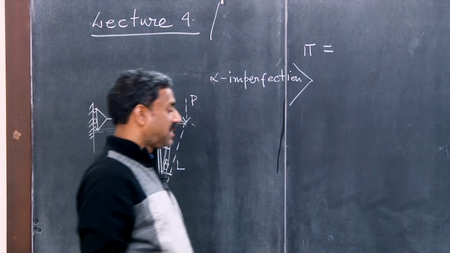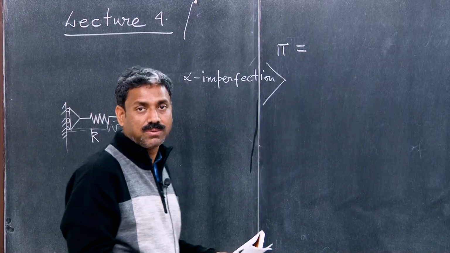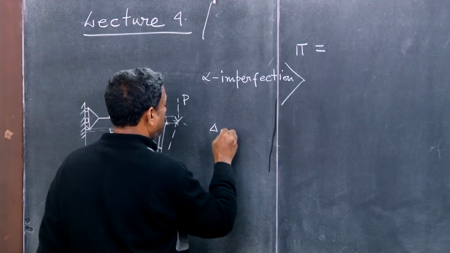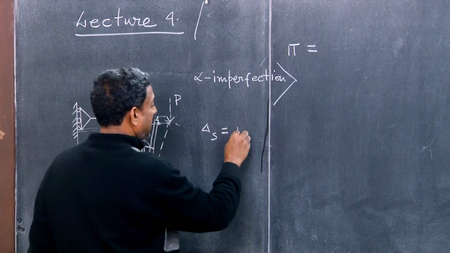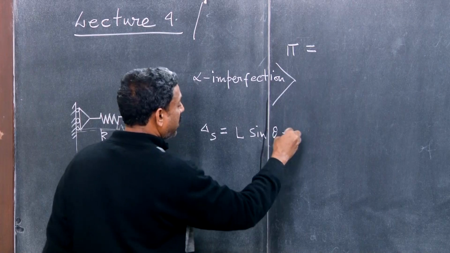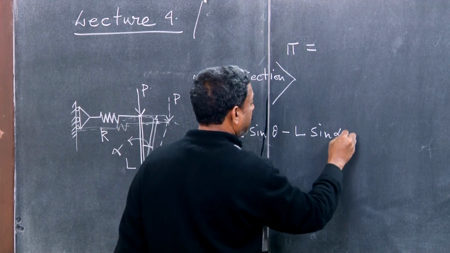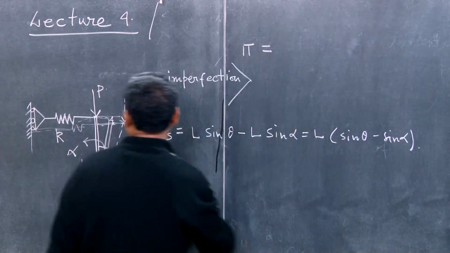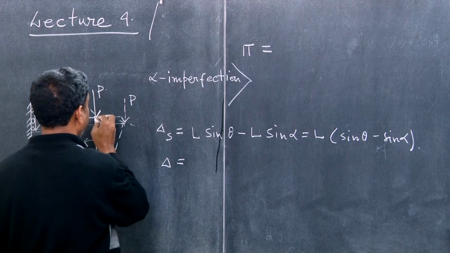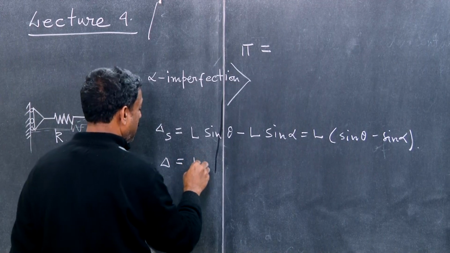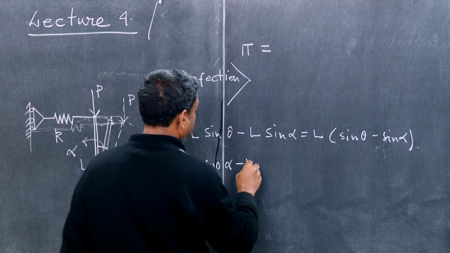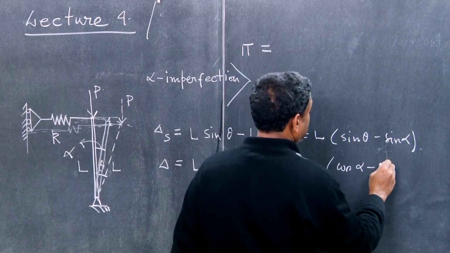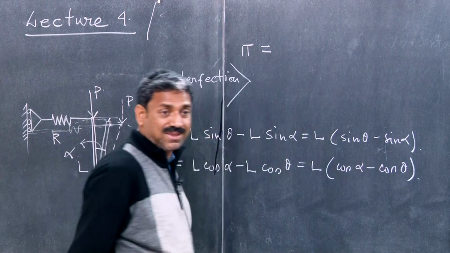So, the potential energy, once again, is very simple, as earlier. The spring deflection will be L sin theta, whatever we had earlier, but because of imperfection it is L sin theta minus sin alpha. And the vertical deflection under this P, earlier it was L, now it is L cosine of alpha minus cosine of theta, where alpha is the imperfection.